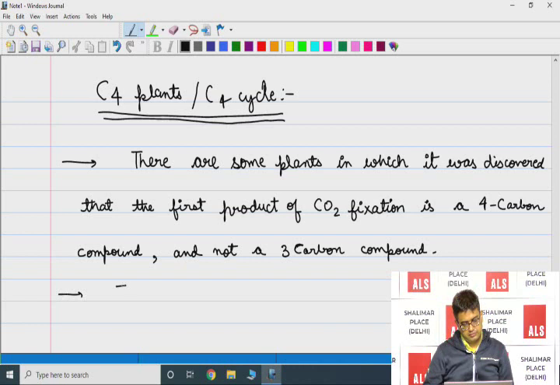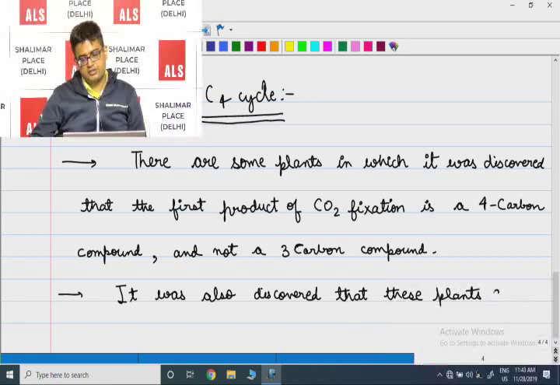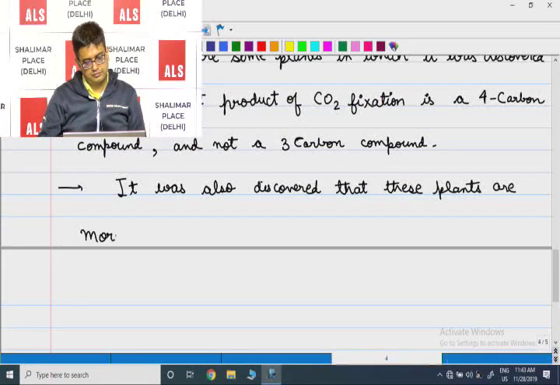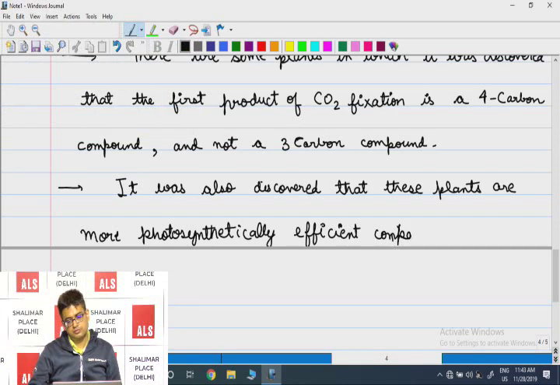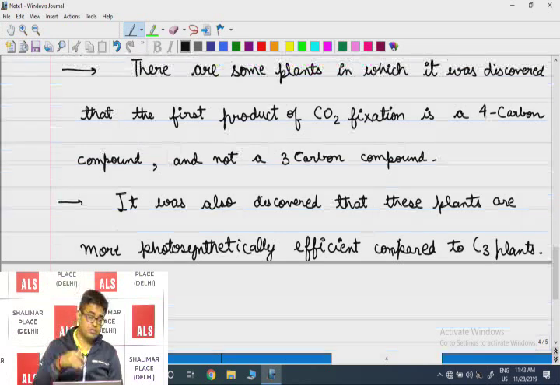It was also discovered that these plants are more photosynthetically efficient compared to C3 plants, in which the first carbon compound is 3-carbon, right?